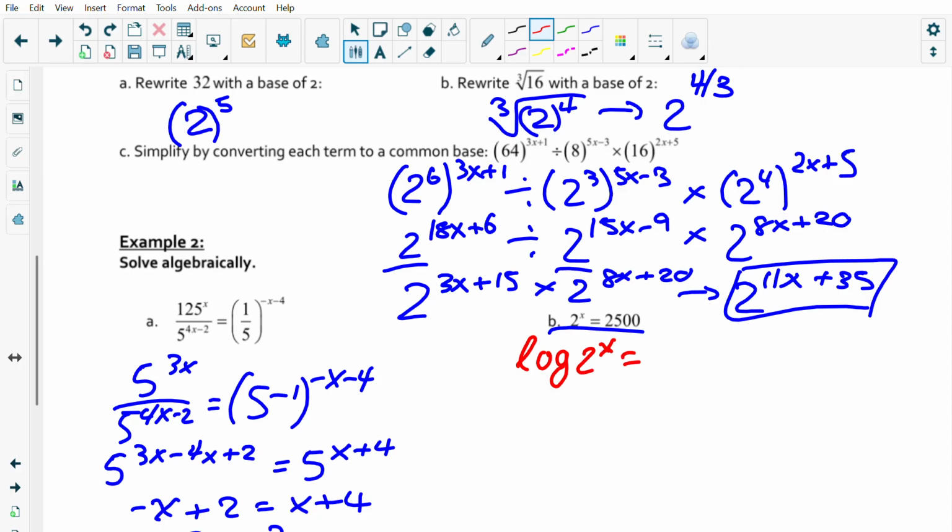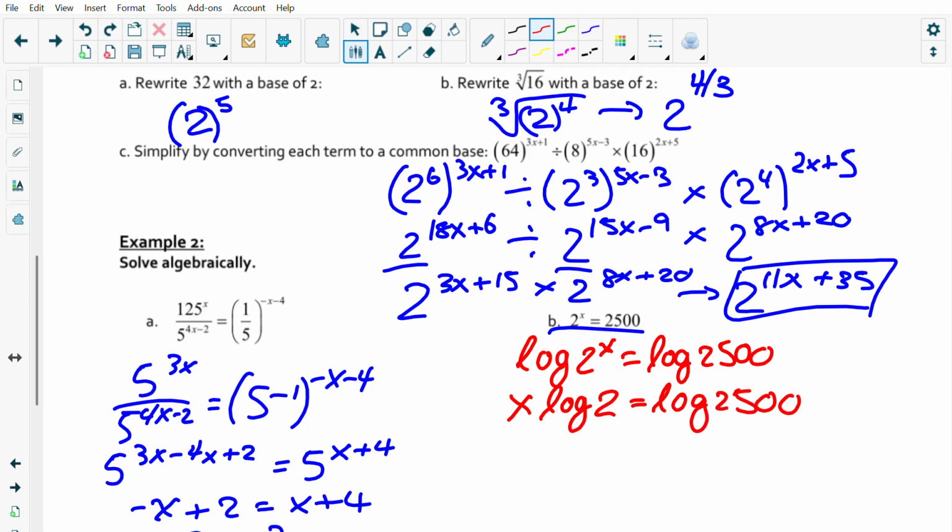Take the log of both sides. So this one we must take the log of both sides. I'm going to take the common log of both sides. Log of 2 to the x equals log of 2,500. Apply some log laws here, so we free up that x. I'm going to divide both sides by log of 2.